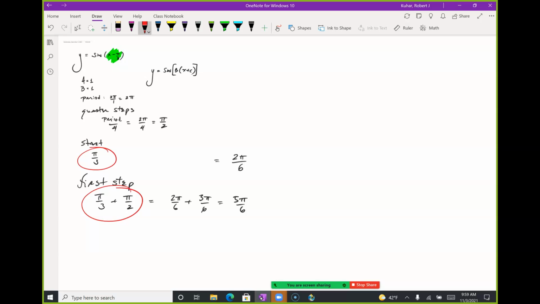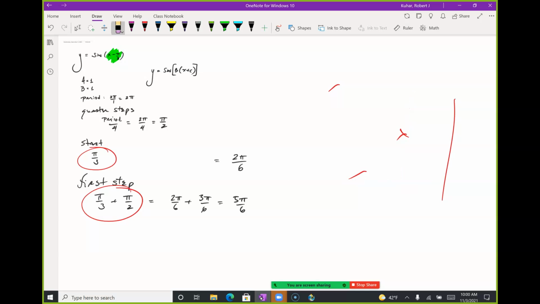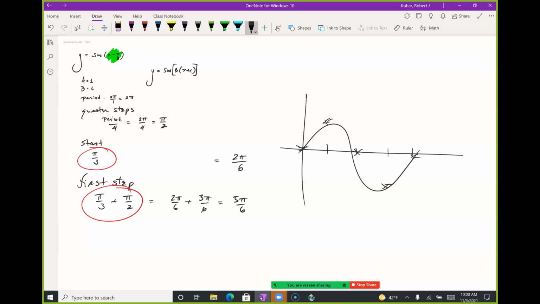Remember, we're gonna find our start, and then we're gonna move our 1, 2, 3 quarter steps so that we can draw that sine curve. Once I get my start, I want my quarter steps 1, 2, 3, 4, and then I know my pattern of where that sine curve is going to be.